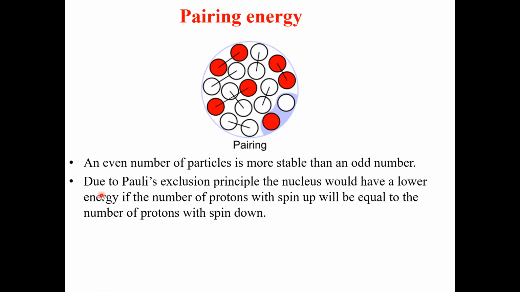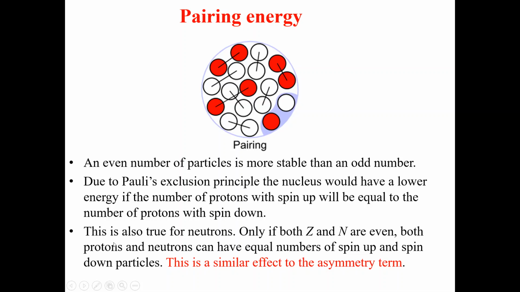Due to the Pauli exclusion principle, the nucleus would have a lower energy if the number of protons with spin up is equal to the number of protons with spin down. This is what the Pauli exclusion principle says about the pairing of the nucleus inside the nucleus. This is also true for the neutrons.